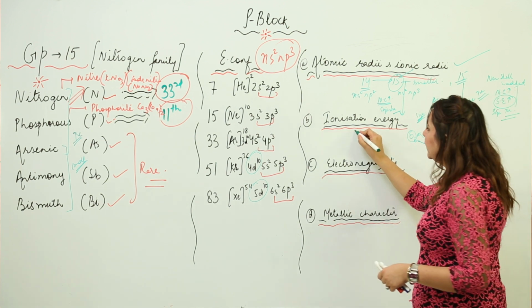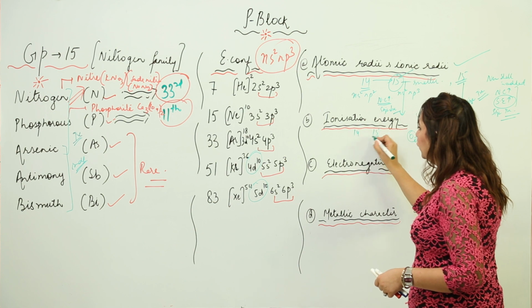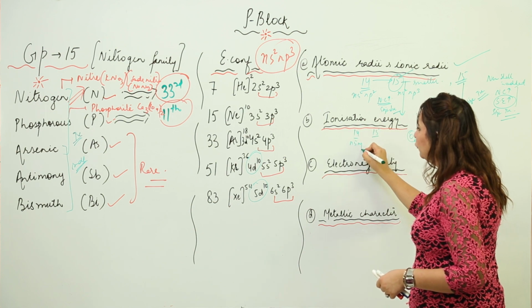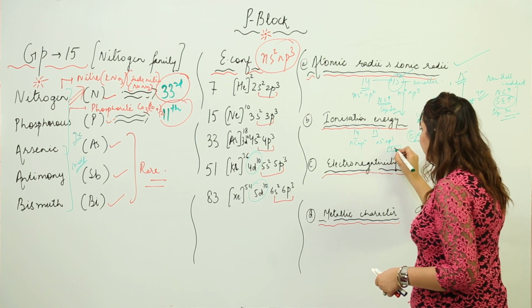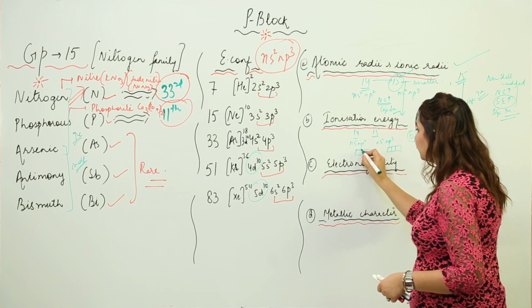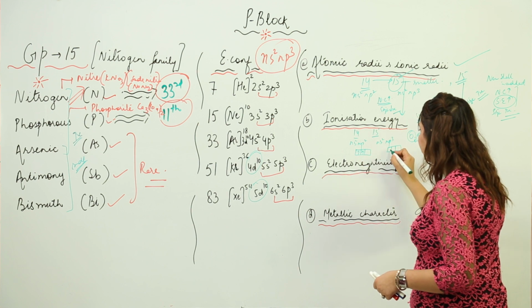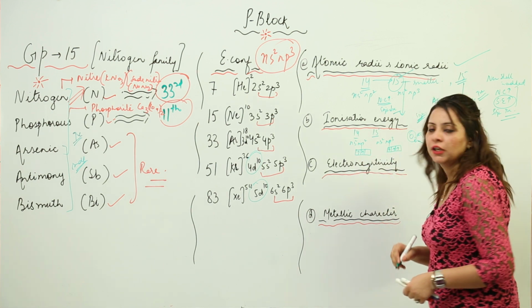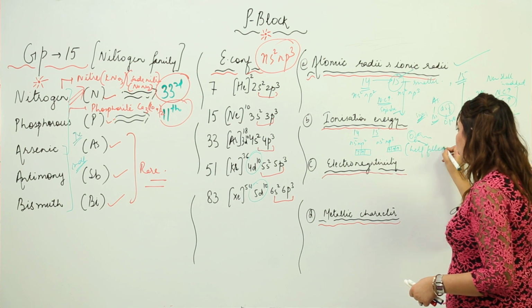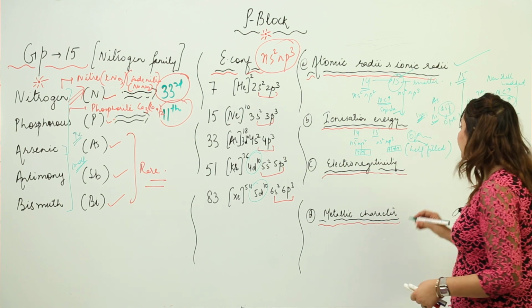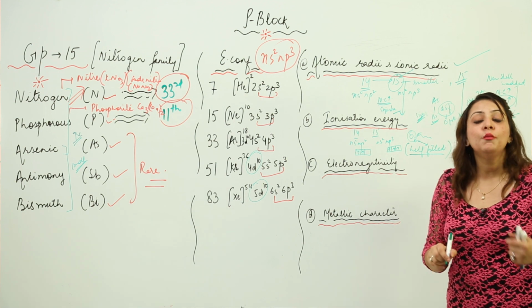So if we compare the ionization energy of group 14 and 15 first, we will see that here the configuration is ns2 np2, and here it is np3. If I draw the p orbital, they have 2 electrons, but here they have 3 electrons. So that means the group 15 members have a half-filled p orbital, and we know that half-filled orbitals are more stable.